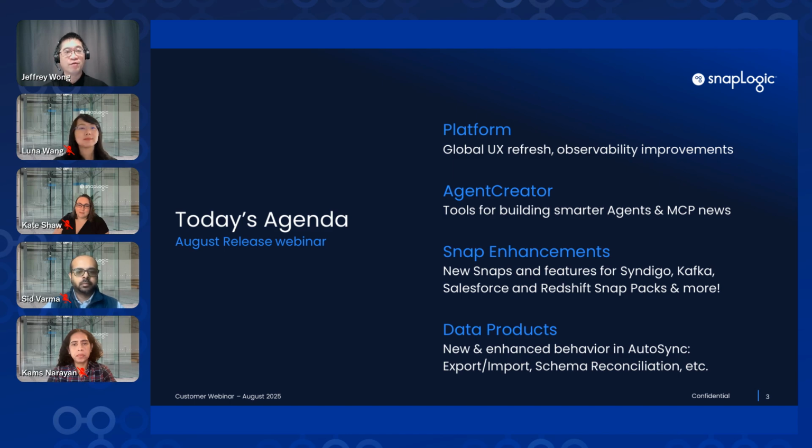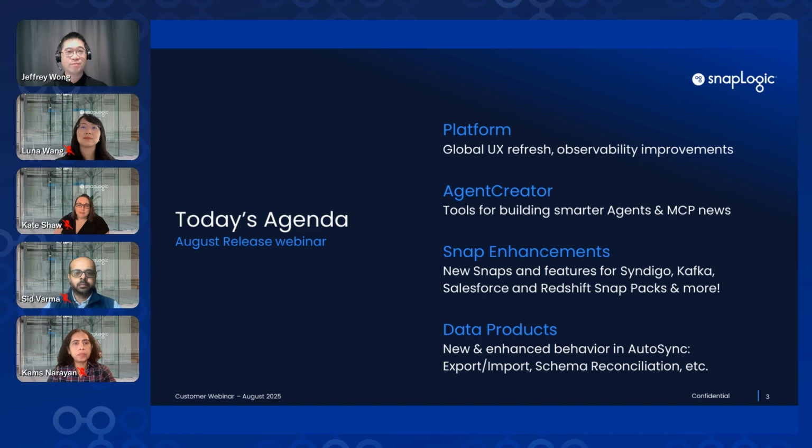For our agenda, we are going to go over the platform. A lot of great enhancements have happened there. Then we're going to transition over to Agent Creator, where Luna is going to be talking to us about that. We're going to go over enhancements in our snaps, which Cams will be covering for us.